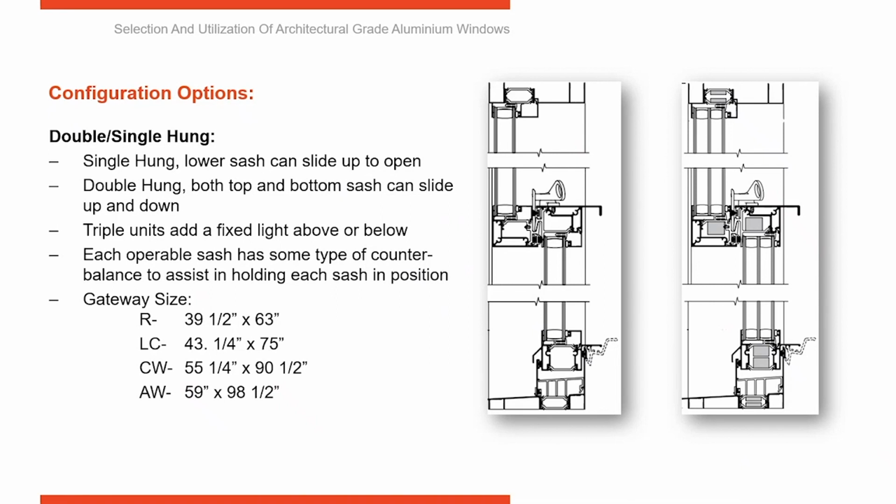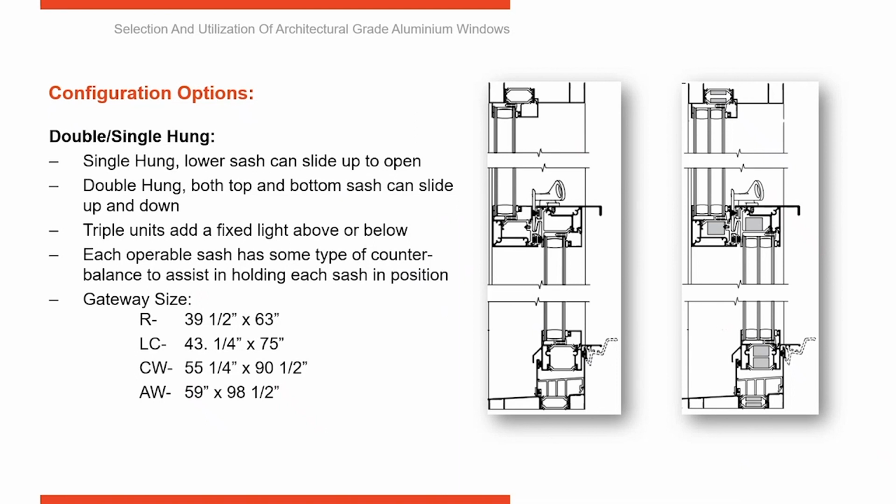So again, for the gateway sizes for a double hung or a single hung, every manufacturer, whoever you're looking at, if they're providing a commercial window, in order to be tested in accordance with NAFS 17, they have to test this gateway size and pass and establish a performance grade and design pressure. Once they've done that, they can test any size they want to. They can test a smaller one and come up with a higher design pressure.